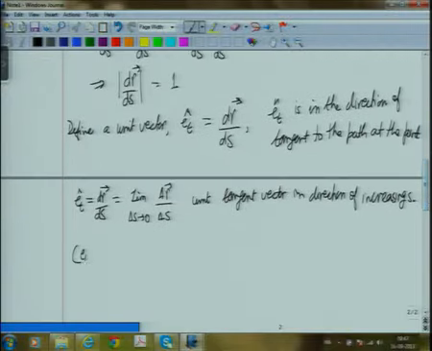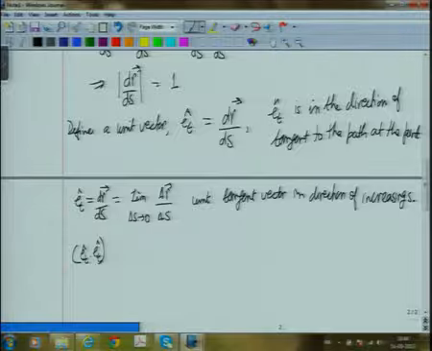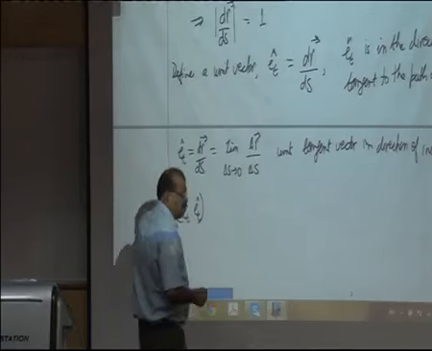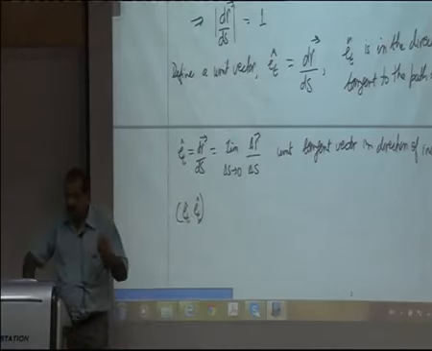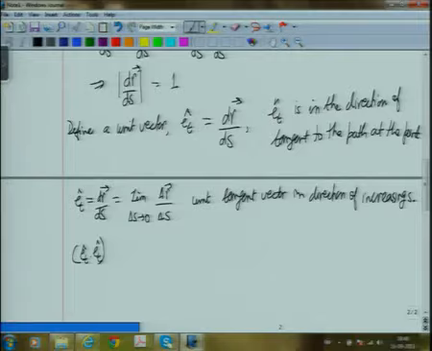Now, as the point P moves, the direction of Et will change if the path is curved. If the path is a straight line, its direction will not change, but otherwise in general the direction of Et will change. Let us look at this quantity: what is Et dotted with Et? Et is not constant, but its magnitude is.